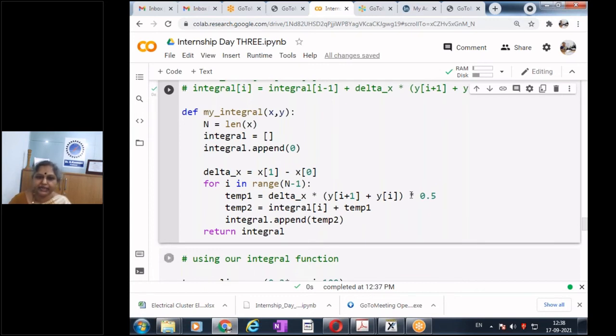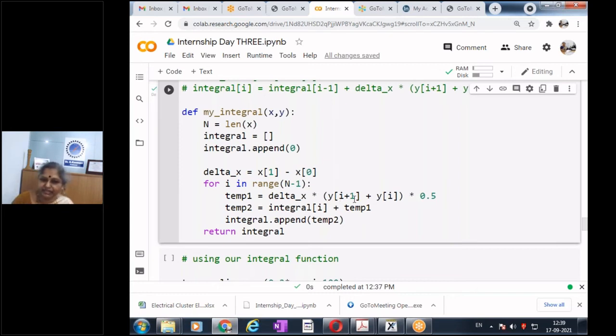Okay, not getting any response, so I will just walk through the code. So this is the function for integration. I start off with 0, and then I am computing the area. How do I get the area? The present value plus the previous value, I take the average, multiply it by half, and then multiply it by the width, delta x.